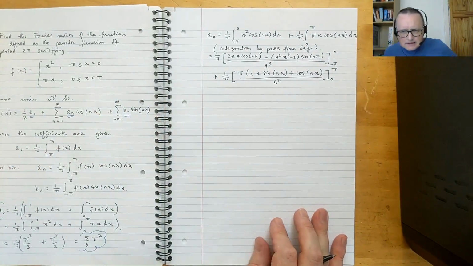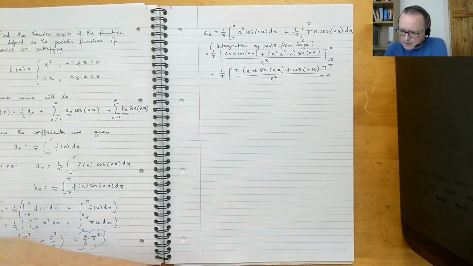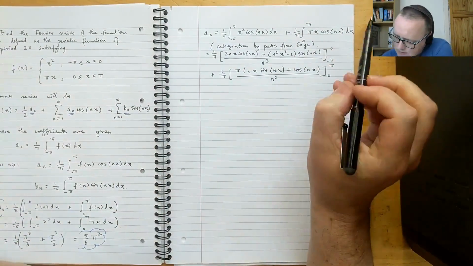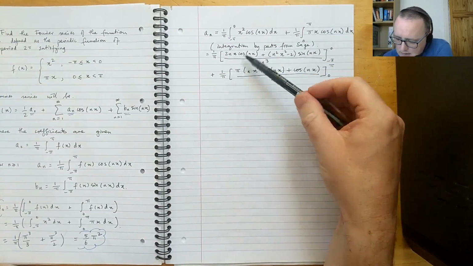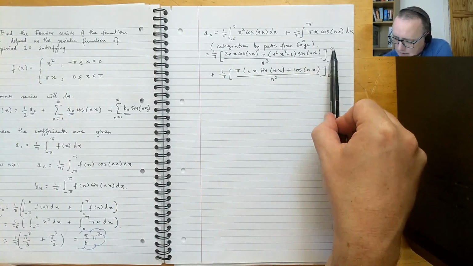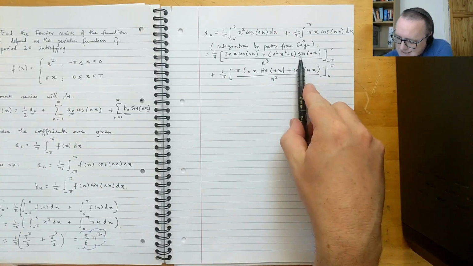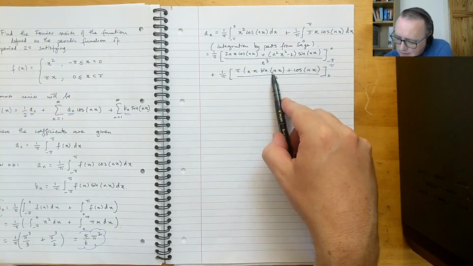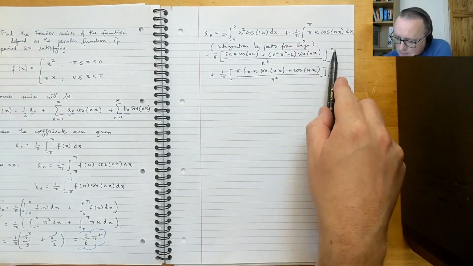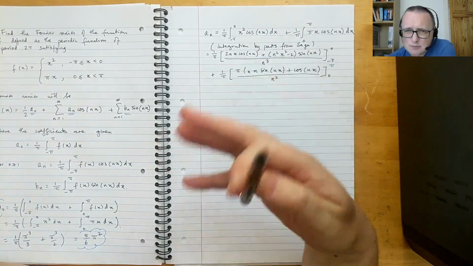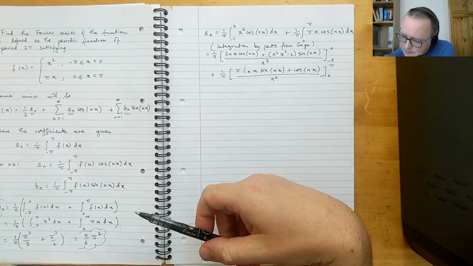Okay, so things are starting to get a little bit complicated, but just look at the kind of things that are going to happen when we do this evaluation. Anywhere you get a factor x and you're evaluating at 0, of course that won't make any contribution. And as well sine nx. When you evaluate sine nx at any integer multiple of pi, including 0, of course you always get 0. So those sines actually won't end up making any contribution.